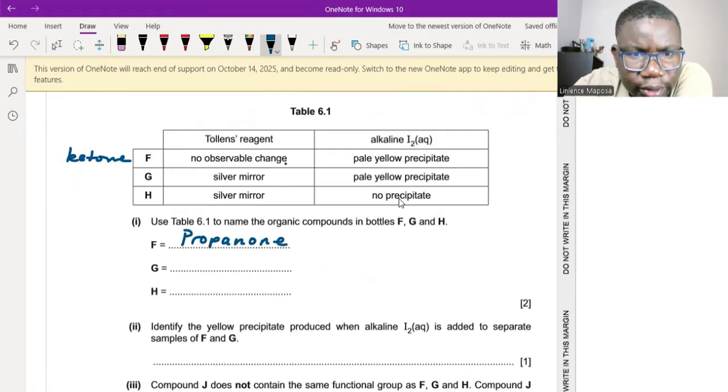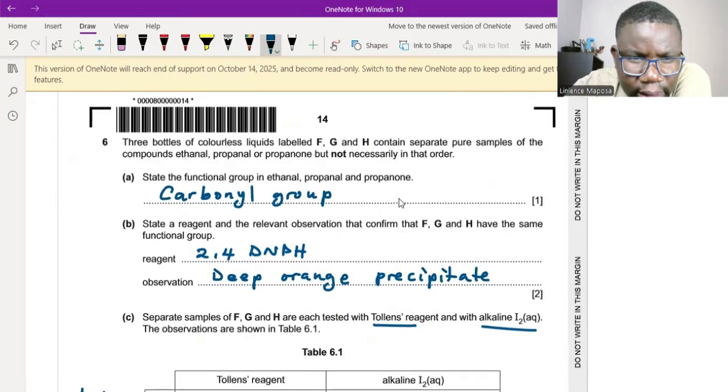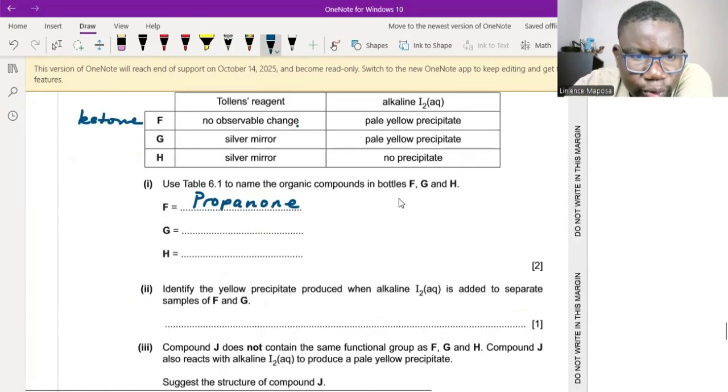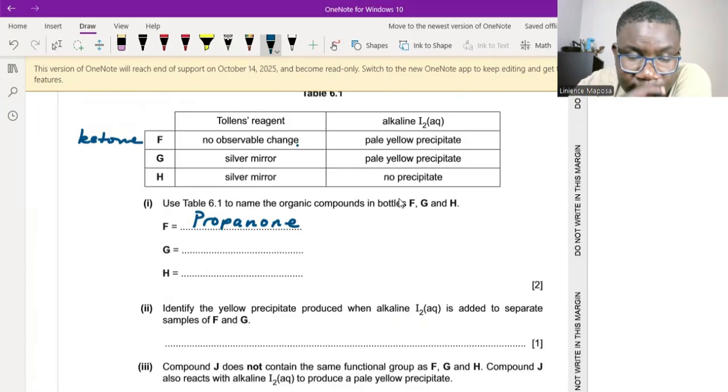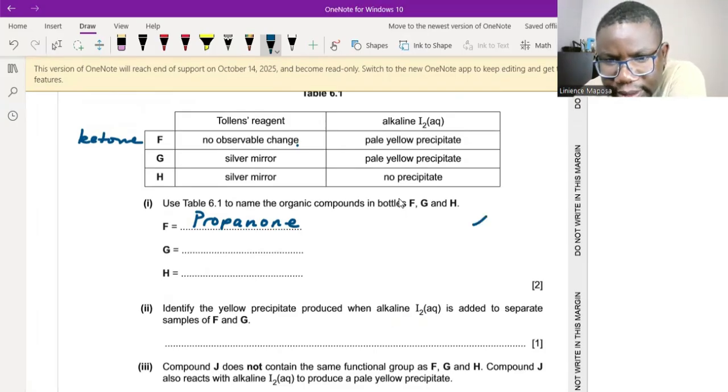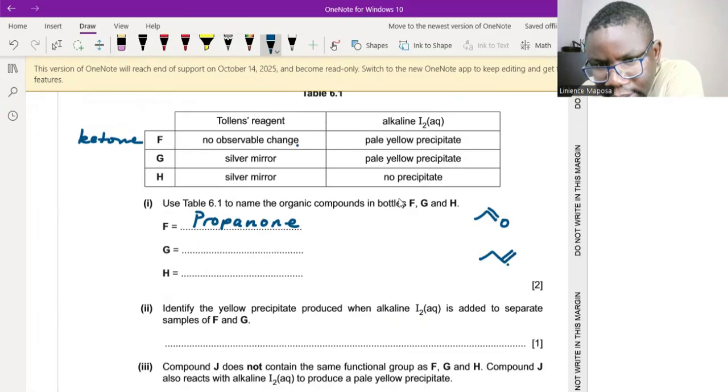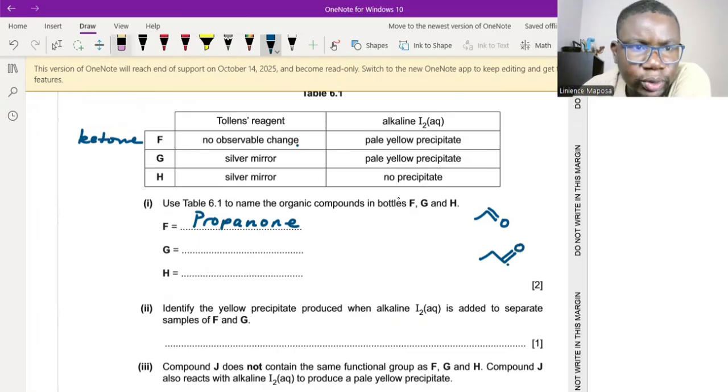These two, because we had two aldehydes, ethanol and propanol, so both of them gave a positive silver mirror test. So that makes sense. But ethanol is like this. This is ethanol. And propanol is like that. So that's propanol. You can see 2 carbons and 3 carbons.